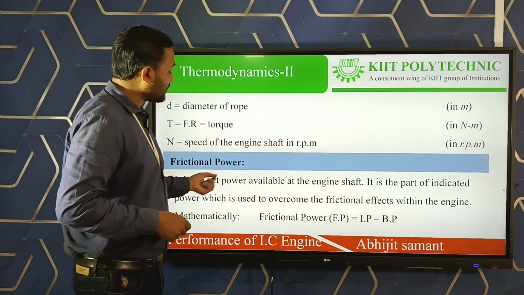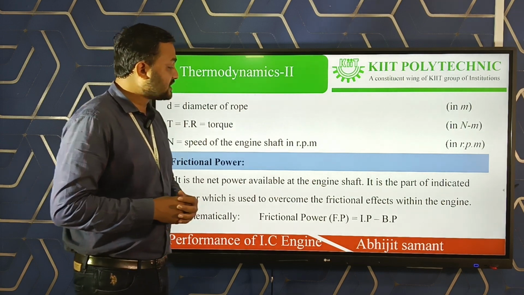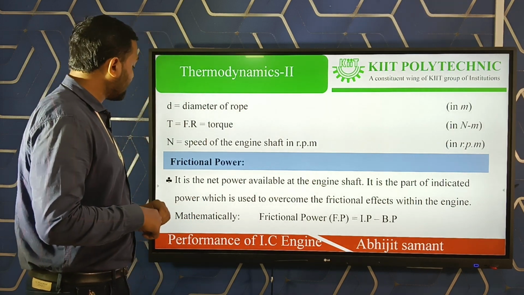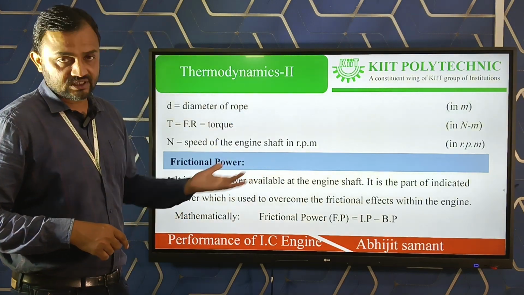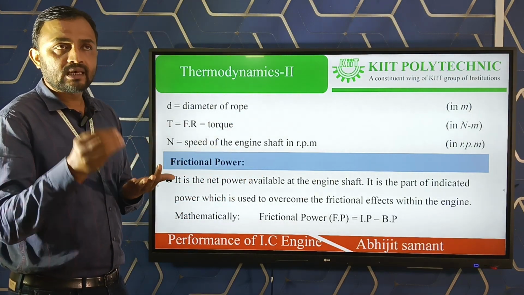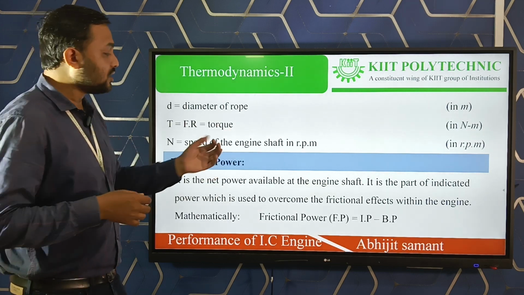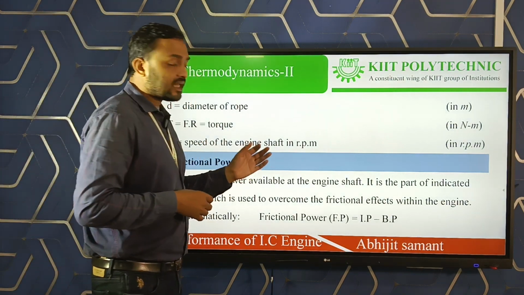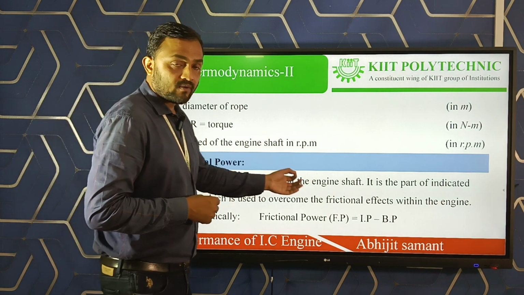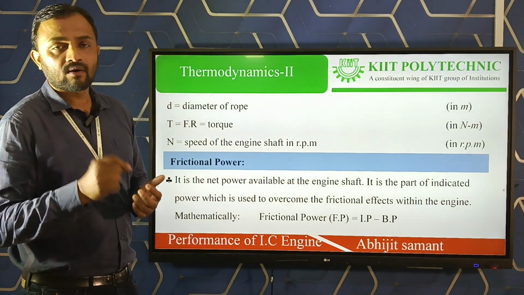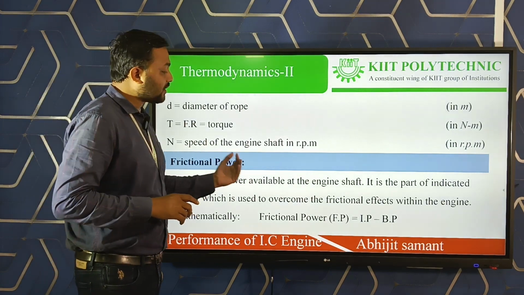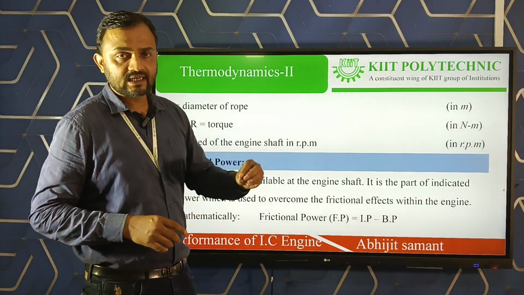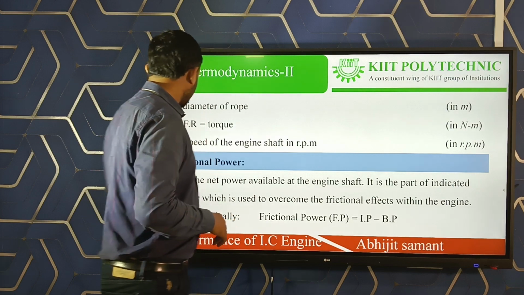It is the part of the indicated power which is used to overcome the friction, mathematically expressed as frictional power equal to indicated power minus brake power. So you can calculate the frictional power by calculating the indicated power and the brake power.